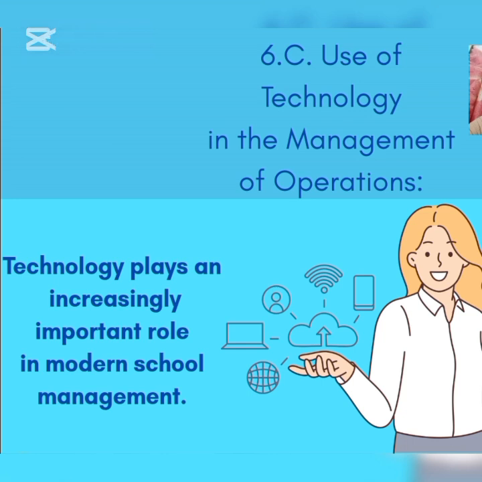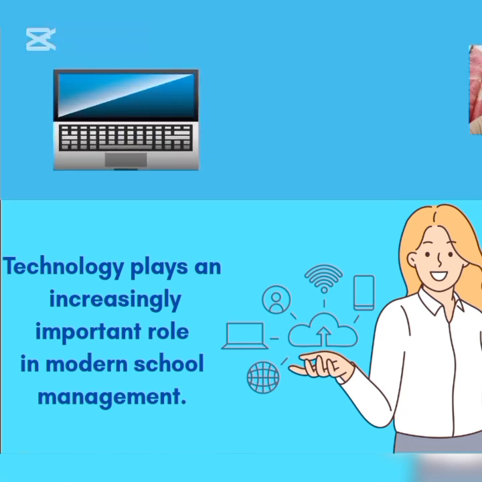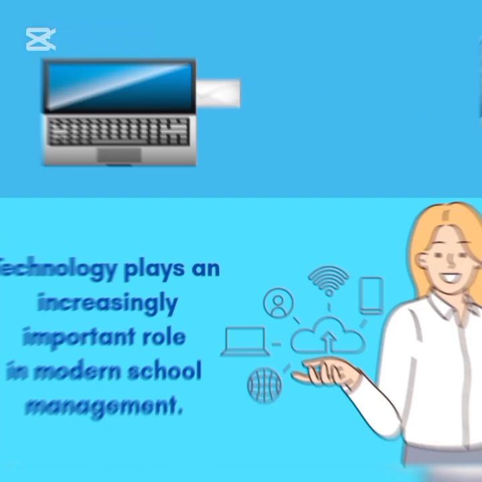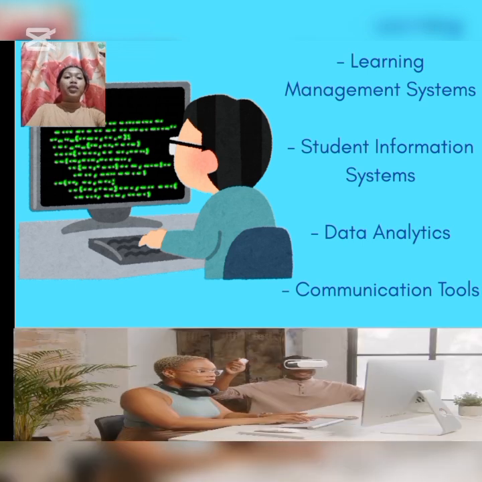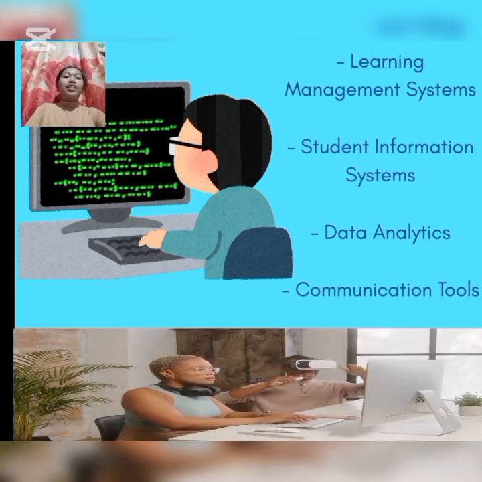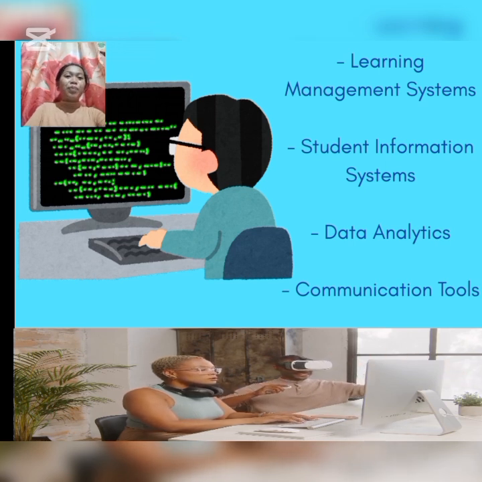Technology plays an increasingly important role in modern school management, and it includes learning management systems. Next, we have student information systems or SIS, data analysis, and communication tools. Now let's move on to domain 7, the last domain.